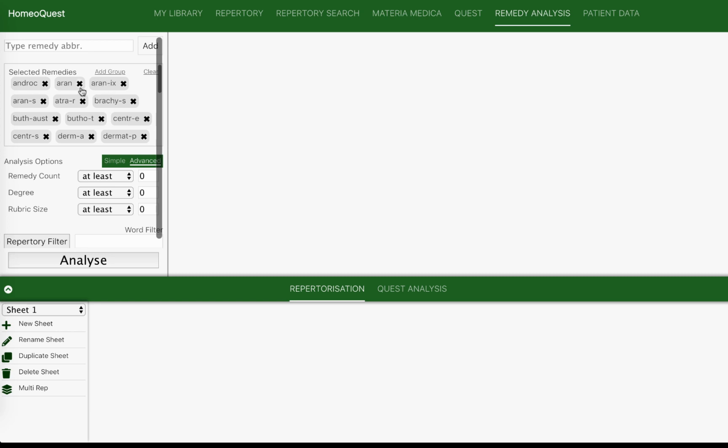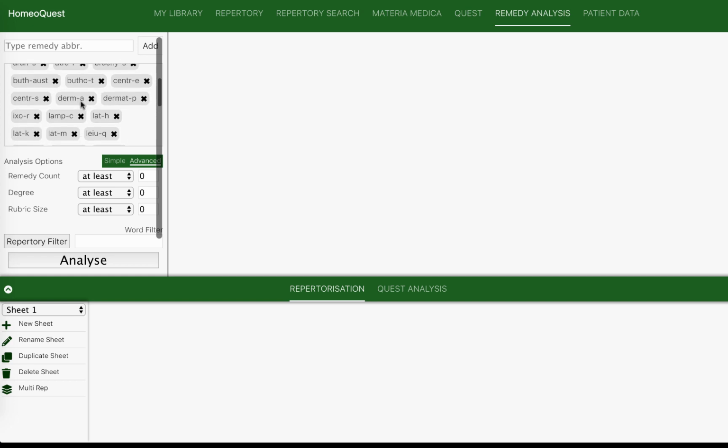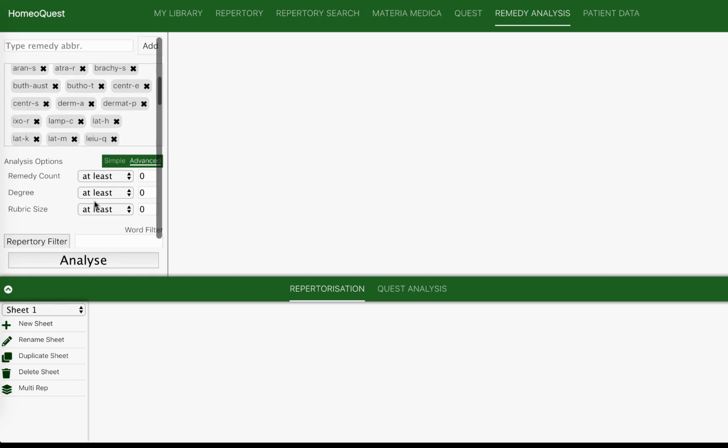Now we want to find the common themes of the remedies in the spider group. We're going to use the advanced options, and we have three choices here. The first one is remedy count. This allows you to choose the minimum number of remedies in the spider group needed to be in the common rubrics.